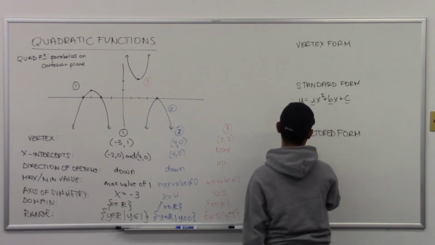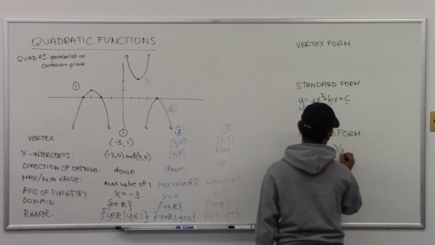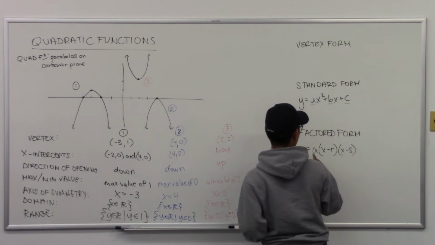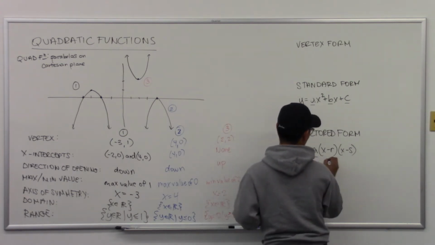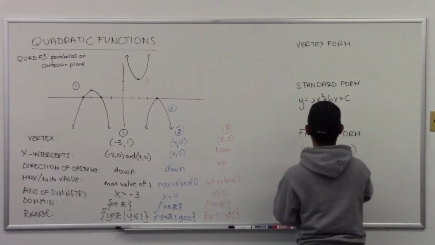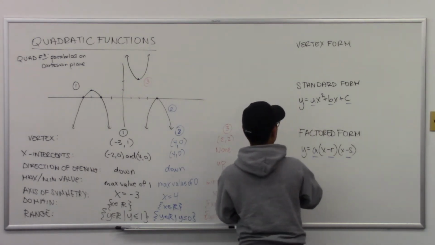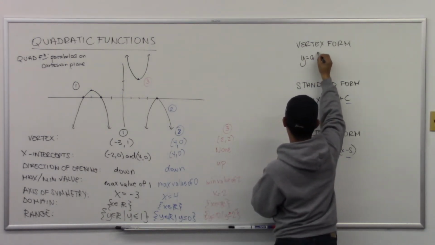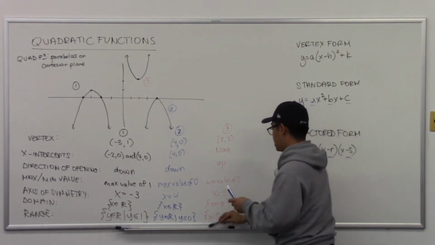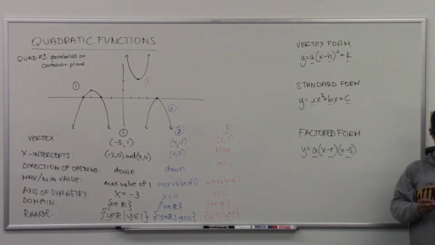So factored form is y is equal to a times x minus r times x minus s, where in this case the numbers are a, r, and s. Here the numbers are a, b, and c. And then in vertex form, it has another set. It's y is equal to a times x minus h squared plus k, where a, h, and k are your numbers.